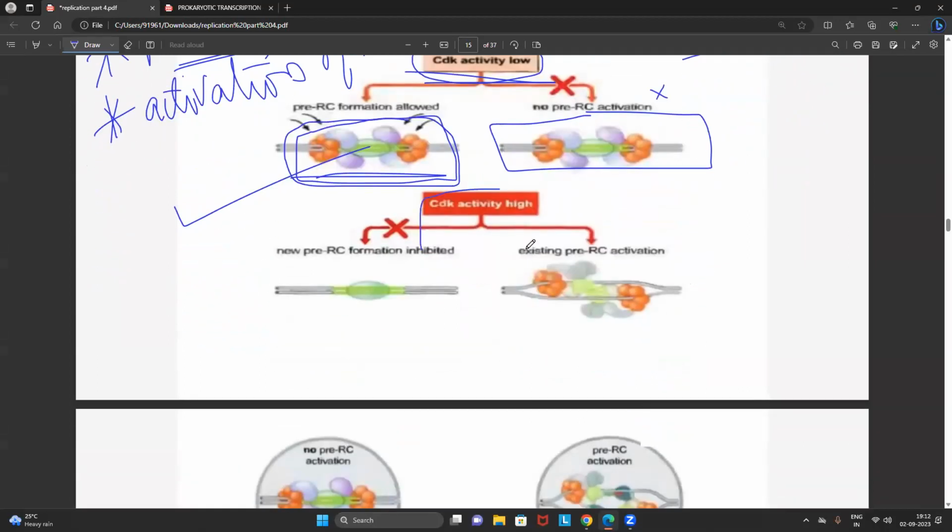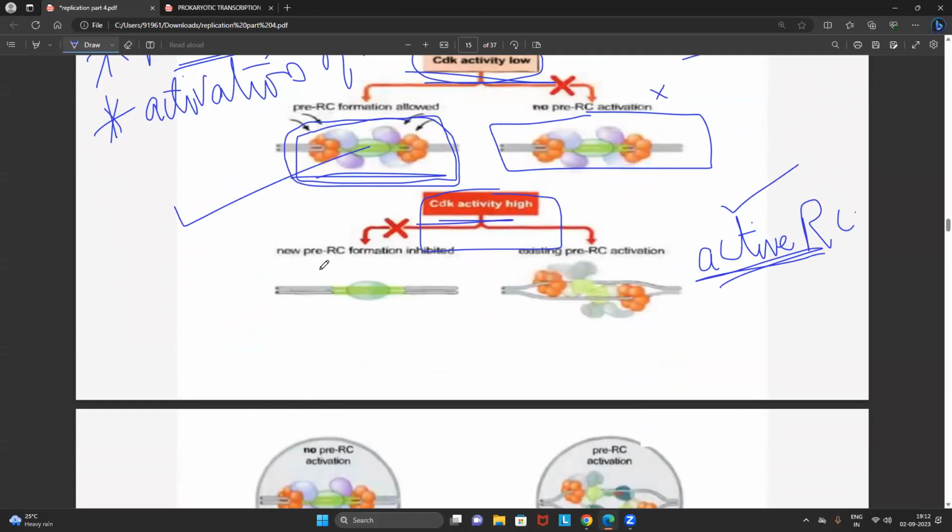But whenever the CDK activity is high, the pre-replication complex can be converted into the active replication complex. And the most important point every student has to remember: when the CDK activity is high, only the active replication complex will form, that's all.